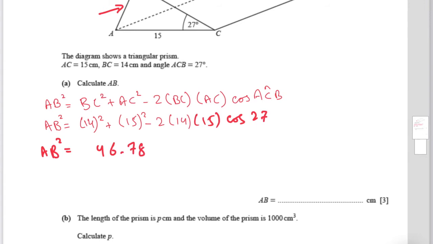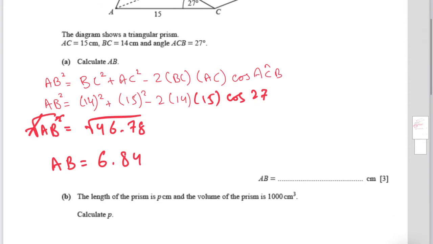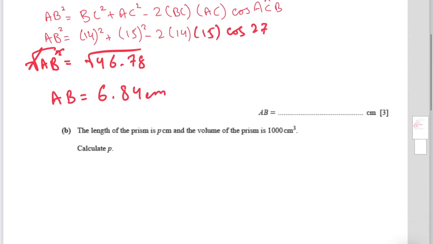Now since we're trying to find the value of AB, that means we find the square root of both sides. When we do that, this cancels out and you are left with the square root of 46.78, which is 6.84. So it is 6.84 centimeters. So we write that over here, 6.84.